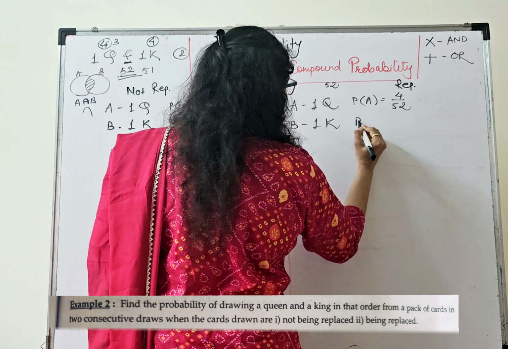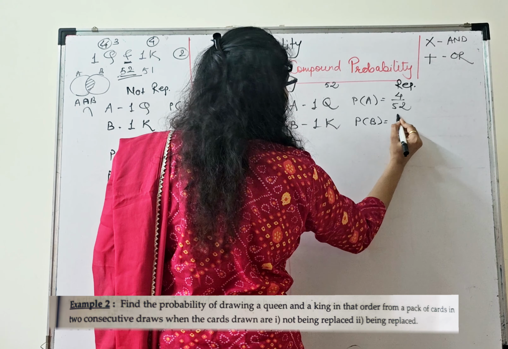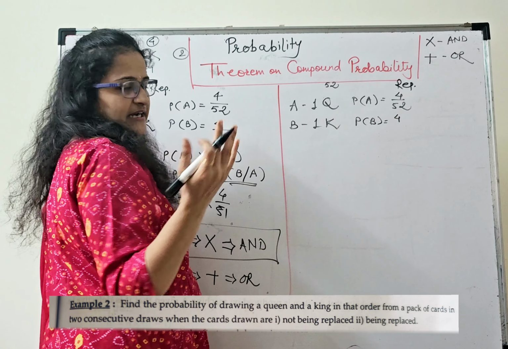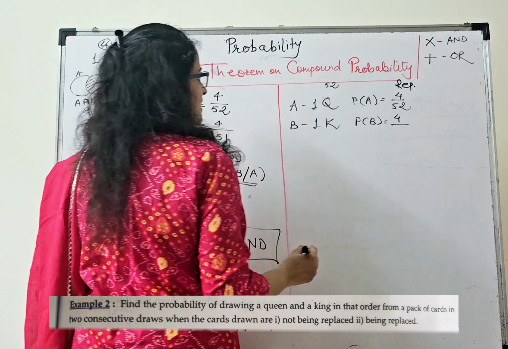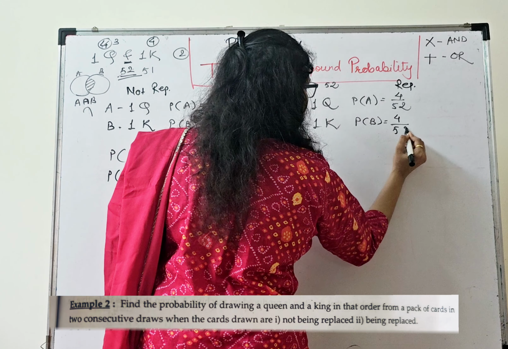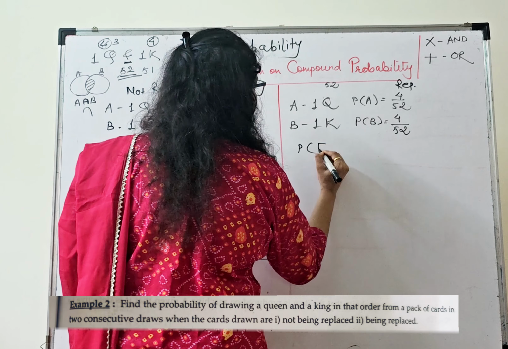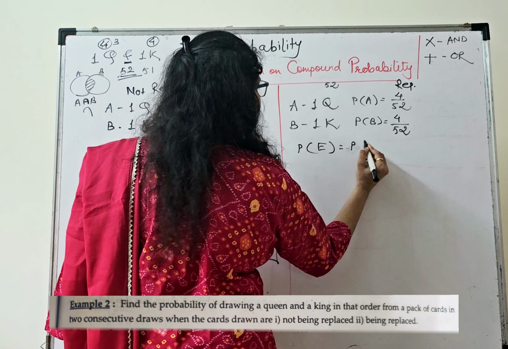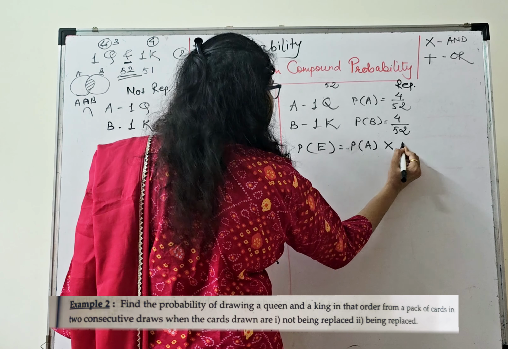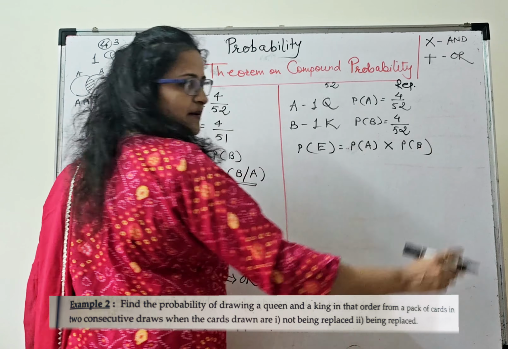So probability of B is what? You are drawing one king. There are in total 4 kings, so 4 favorable outcomes out of how many cards? Now out of 52 cards only, right? Which gives you the probability of this event: first card needs to be queen and second card needs to be king.